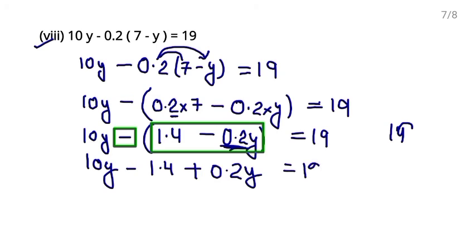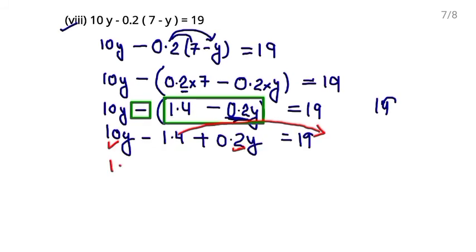Equals to 19. Now to solve this equation, we will keep the terms having the variable on the left hand side, which we already have, and move this number to the right hand side. Now this is 10y plus 0.2y is equals to 19. We already have it on the right hand side. After moving to the right hand side, this minus 1.4 will become of positive sign.